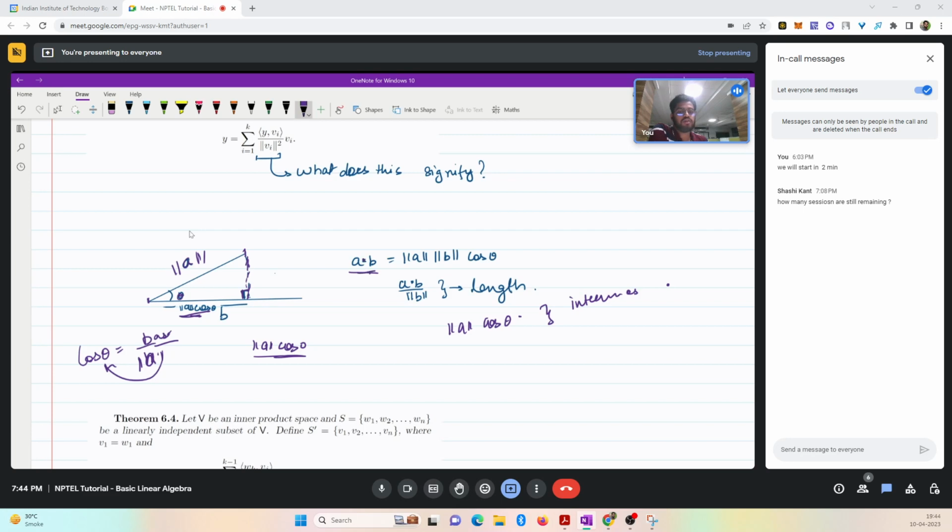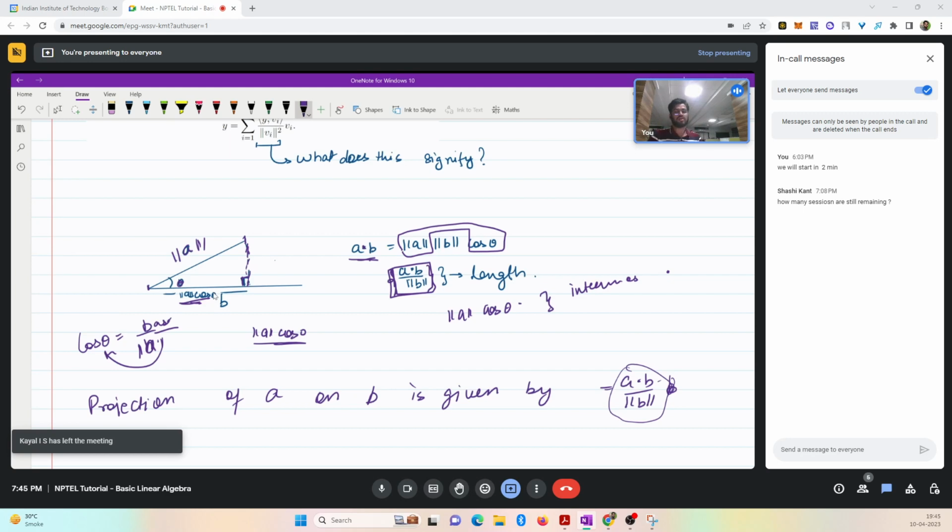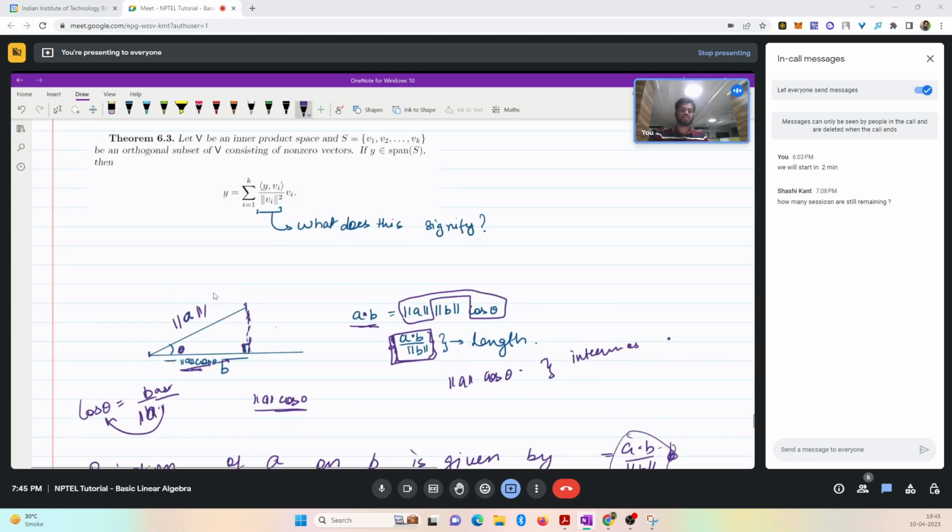If you have A dot B, then you can find this A cos theta as A dot B divided by norm of B. So projection of A on B is given by A dot B by mod B. Intuitively, if we subtract this thing from A, then we won't have anything left that corresponds to the direction of our vector B. This is what we mean by projection.